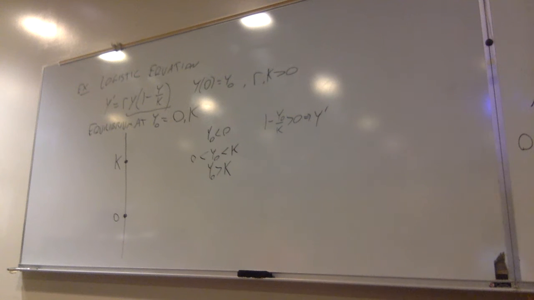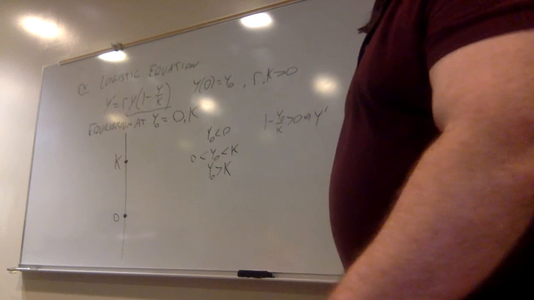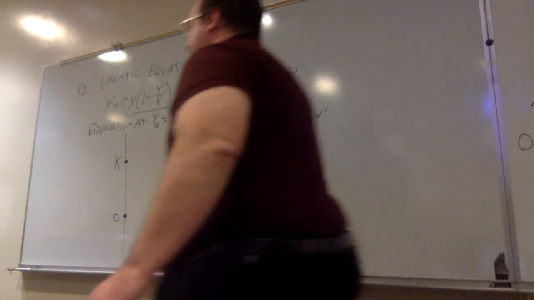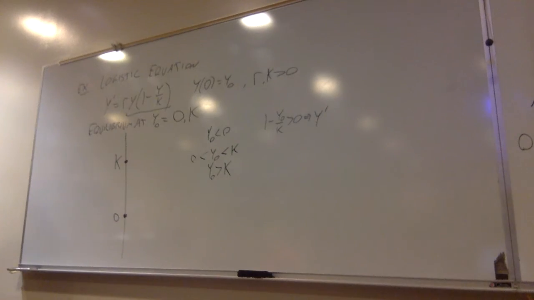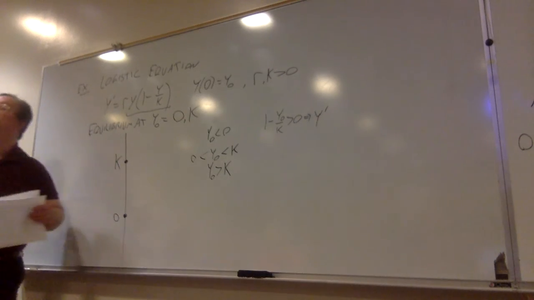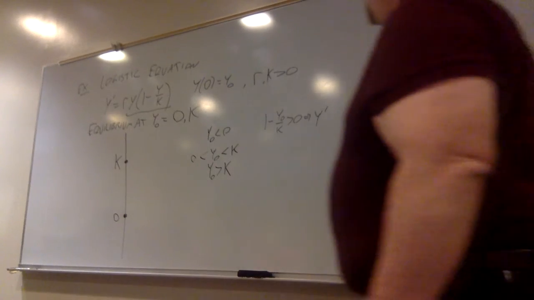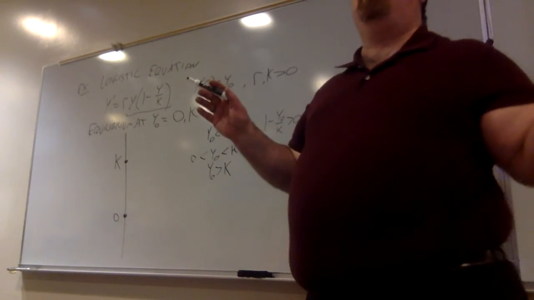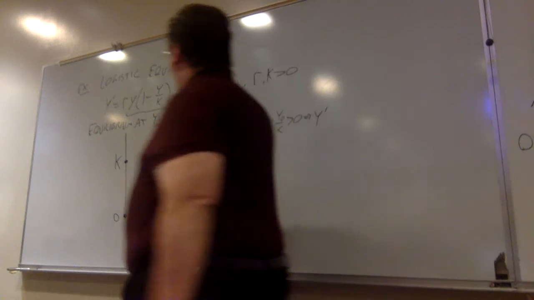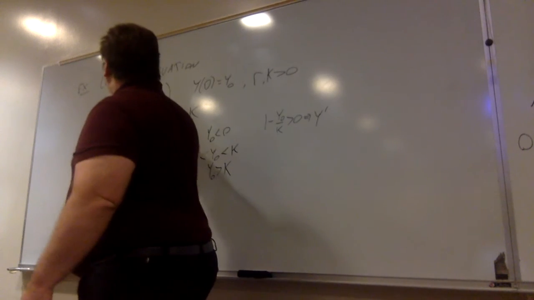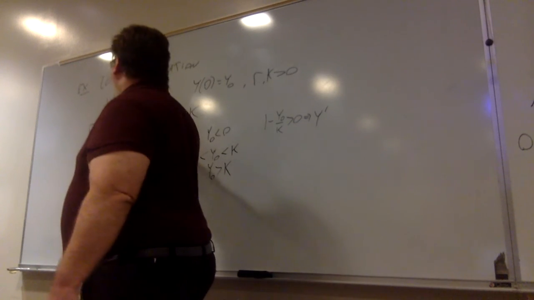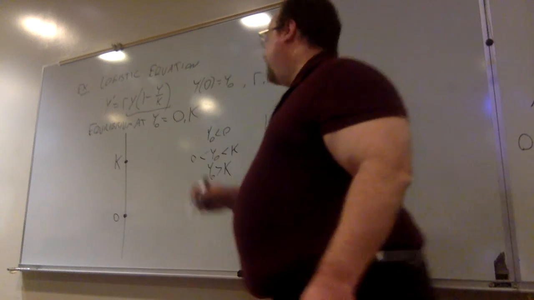So that is going to be positive. Therefore, what can we say about y prime as a whole? Positive or negative? Is it positive? It's actually going to be negative. R is positive, this factor is positive, but the y sitting here makes it all negative.